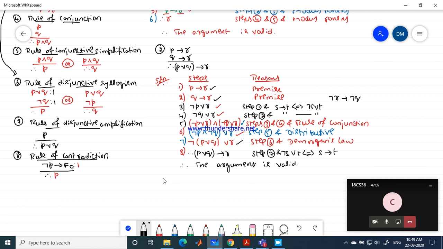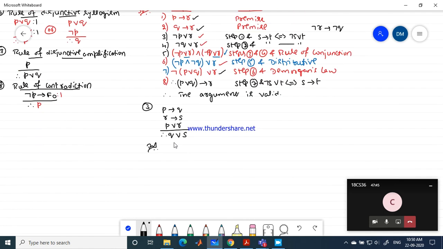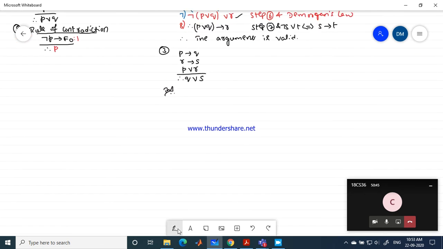Now I want you to try this problem from your side. Please do this: P implies Q, R implies S, P disjunction R, therefore Q disjunction S. Has anybody done this?